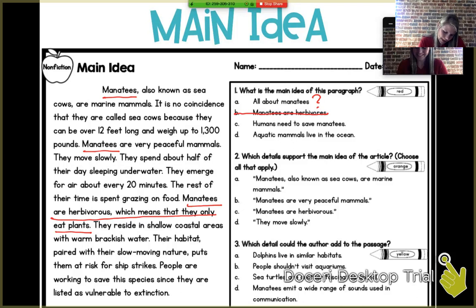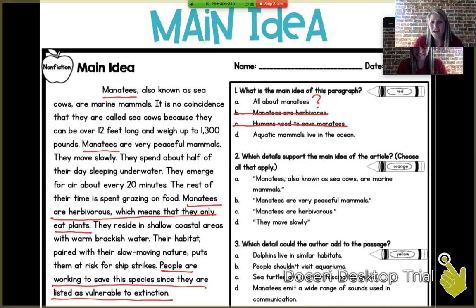All right, what about C? Humans need to save manatees. It does mention in this last sentence here about how people are working to save the manatees. But again, was that what our whole entire paragraph was mostly about? No. Again, we're going to slash it and trash it because that doesn't tell us what the whole entire paragraph was about. And D says that aquatic mammals live in the ocean.